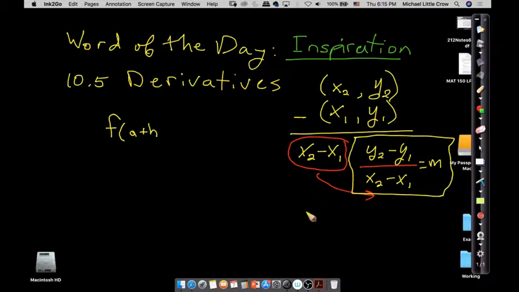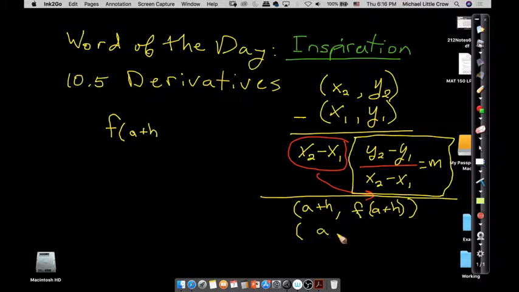They are going to be a plus h, comma, f of a plus h. That'll be one of our points. And then the second point will be a little simpler. It'll just be a, f of a. Because f of a is just a y value, right?